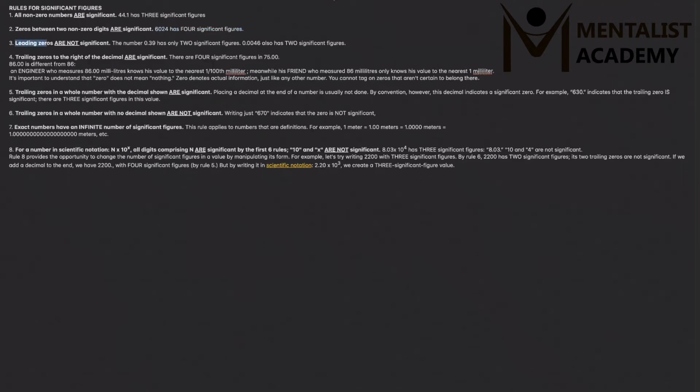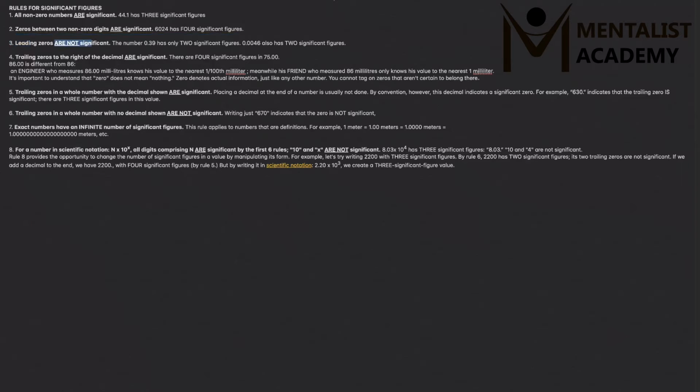Leading zeros are not significant. What is leading zeros? Leading zero, for example, this 0 in the number 0.39. This number starts with this 0. So when a number starts with 0, that 0 is called leading 0. So in this number 0.39, it will have only 2 significant figures, because leading zeros are not significant.